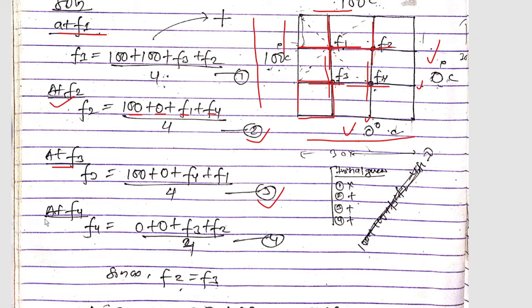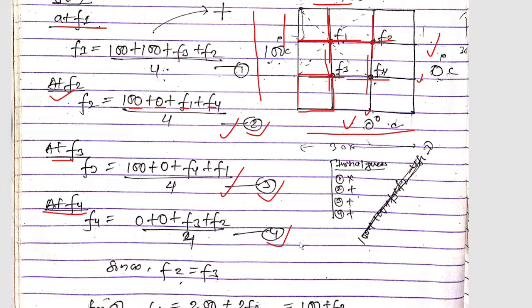So at point f4 we have 0 plus 0 plus f3 plus f2 upon 4, and this is equation 4. Here we can notice one thing: the value of f2 is 100 plus 0 plus f1 plus f4 upon 4. Similarly the value of f3 is 100 plus 0 plus f4 plus f1 upon 4. We can see the value of f2 and the value of f3 are the same, so we can equate these two equations.